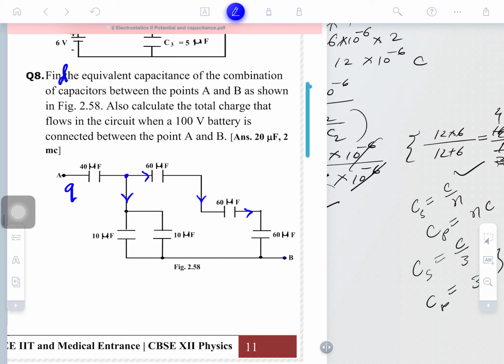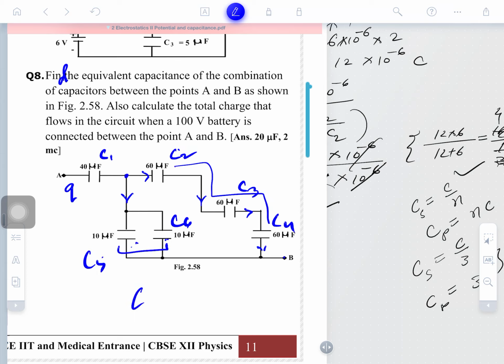And again charge coming the same, again the same. This means these three capacitors are in series. You can give names to see the picture. It's C1, C2, C3, C4, C5, C6. So C2, C3, C4 are in series, and these two, C5 and C6, are in parallel.